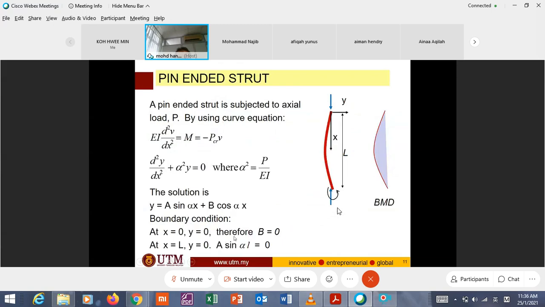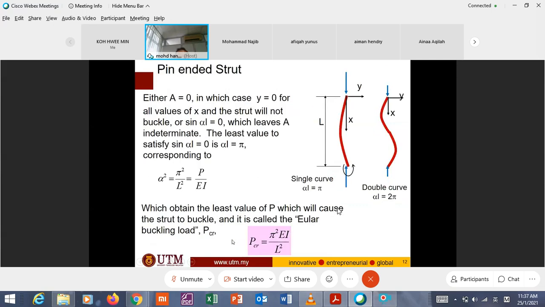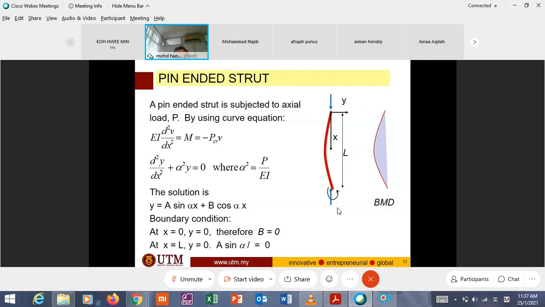Either A equals 0 or sine alpha x equals 0. So the least value to satisfy sine alpha x equal to 0 is alpha x equal to pi.